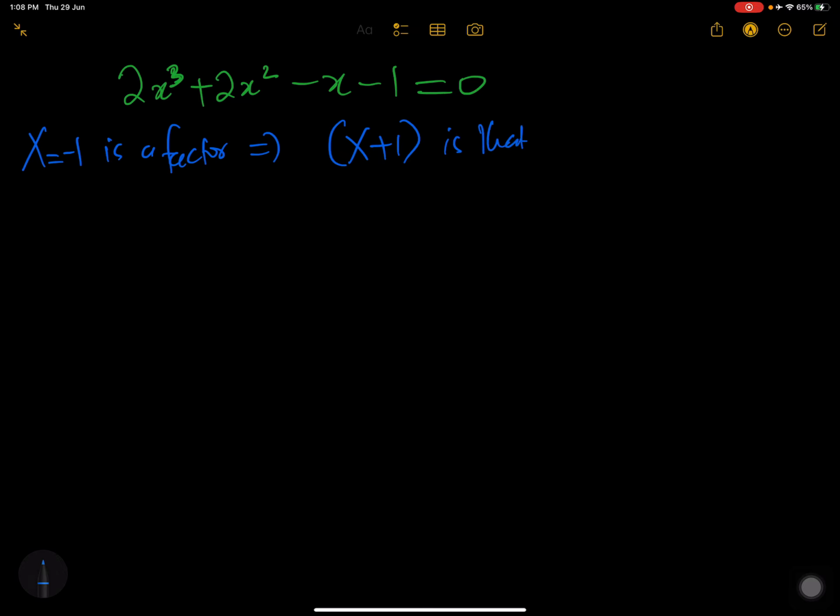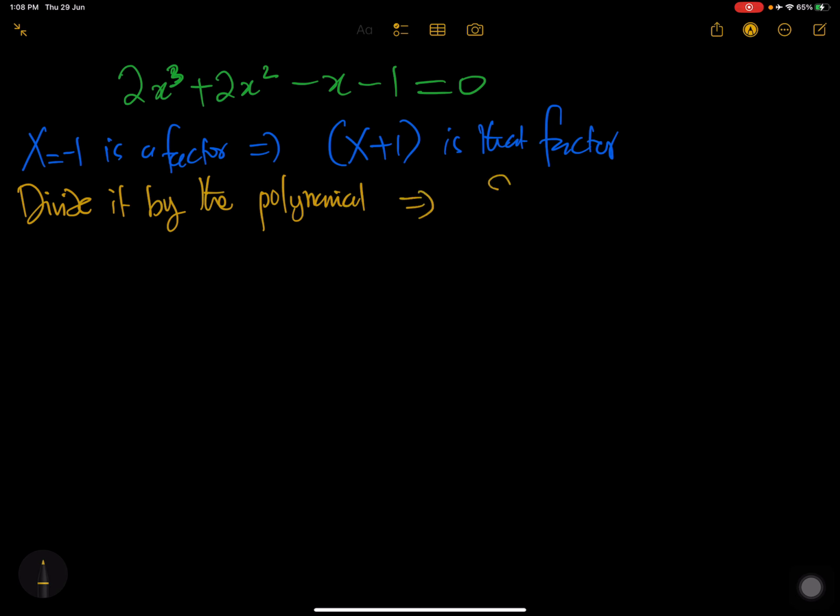And now we're going to divide. We have to divide it by the polynomial. Okay? So what it means is that we are dividing 2x cubed plus 2x squared minus x minus 1 by the factor x plus 1. That's what we're doing. And if that's the case, remember our fractions. This is a divided by b. If we are dividing, the b comes out and the a goes in.